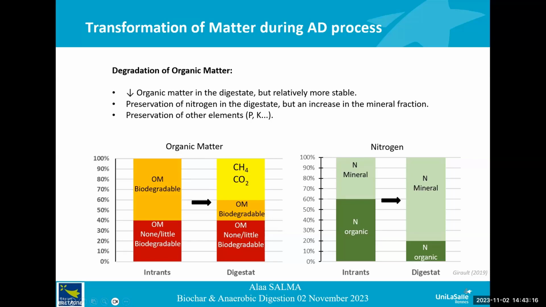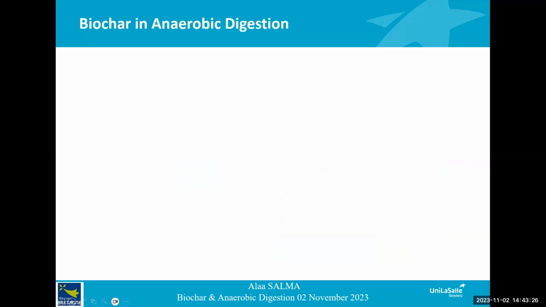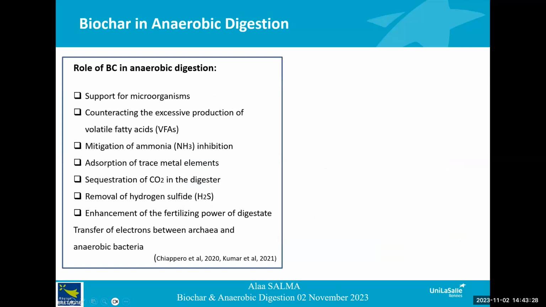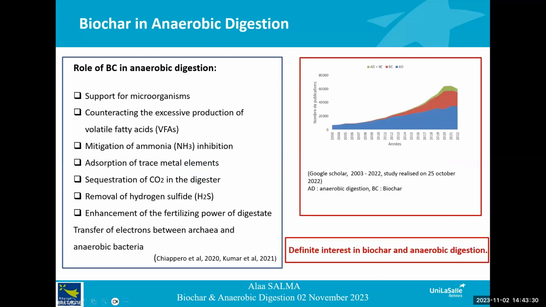And if we see the figure here, there is an increase in the number of publications that speak about biochar and anaerobic digestion from 2003 to 2022. So there is a definite interest in biochar and anaerobic digestion.